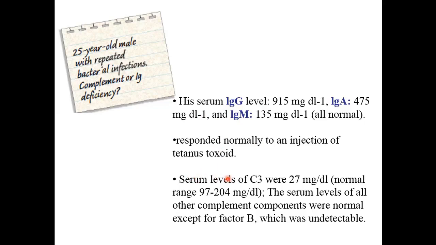But the serum levels of complement proteins such as C3 were abnormal. For example, here you see that C3 was 27 milligram per deciliter, but the normal range of C3 in our serum is 97 to 204 milligram per deciliter.